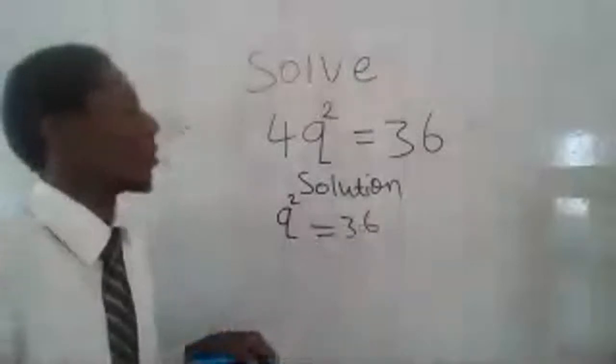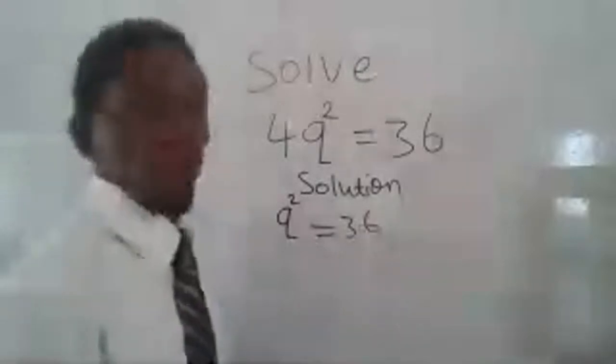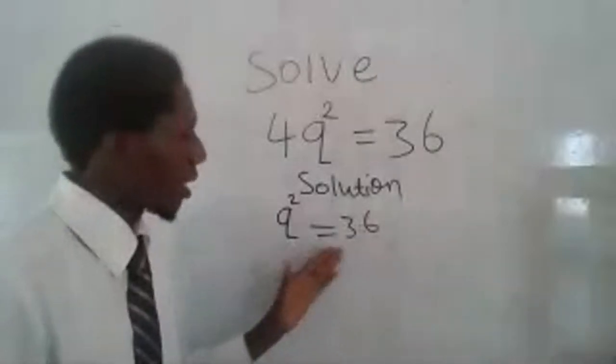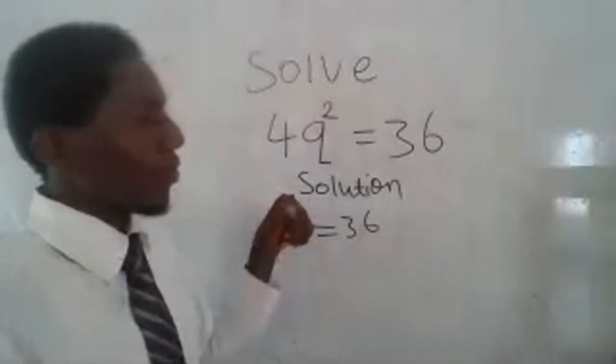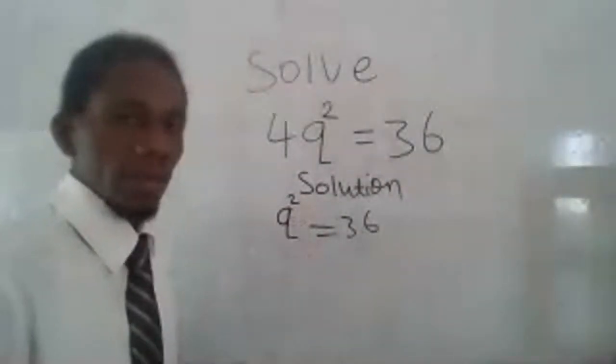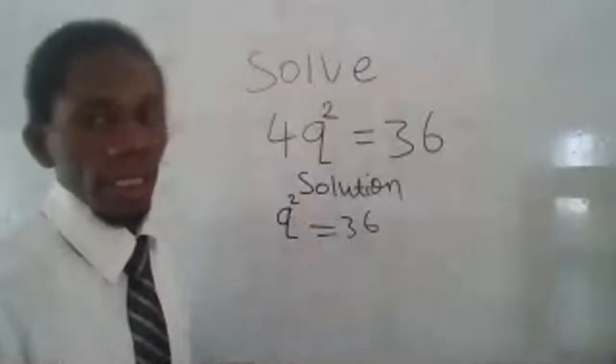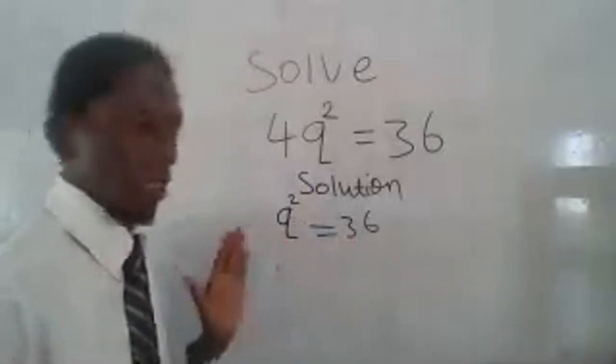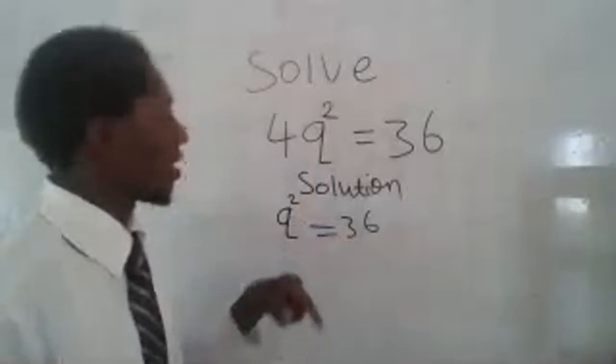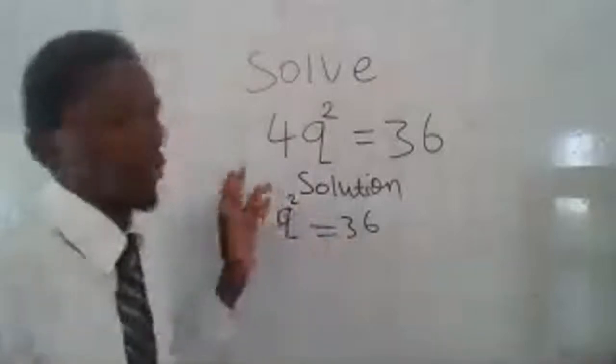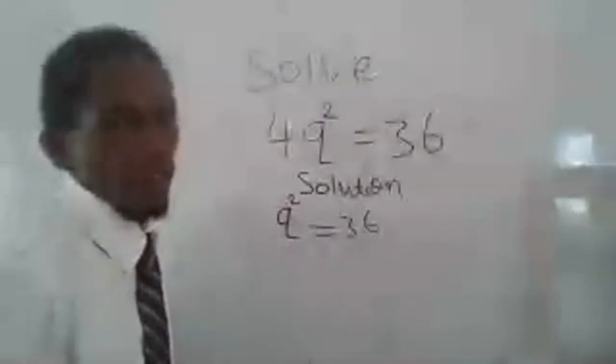So now normally there are so many ways that you can get this. Normally you know very well that a number that times itself to give you 36 is 6. And of course, if I divide 6 by 2, I am going to have 3.